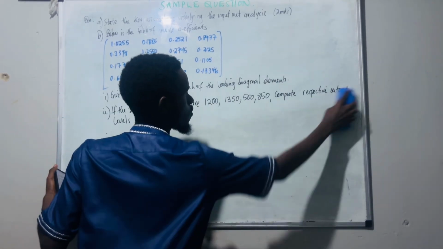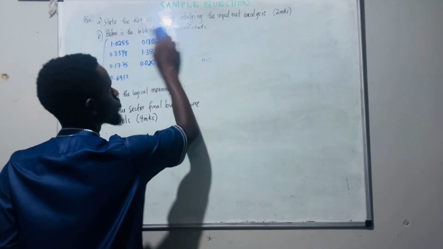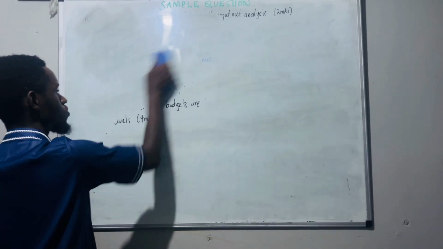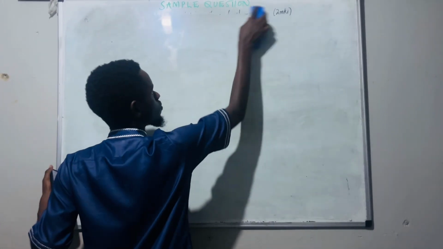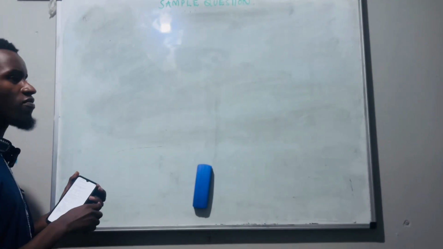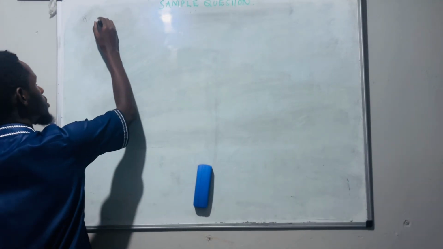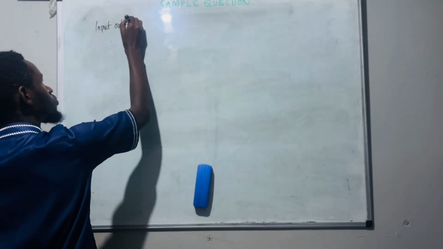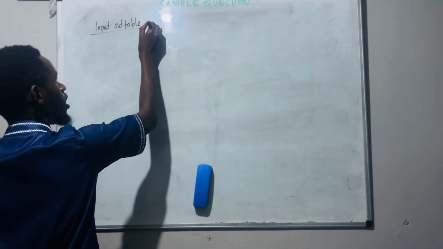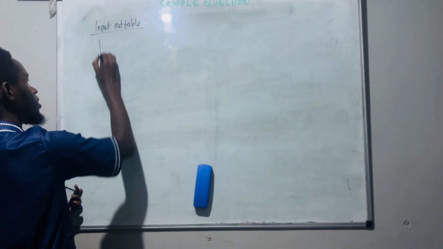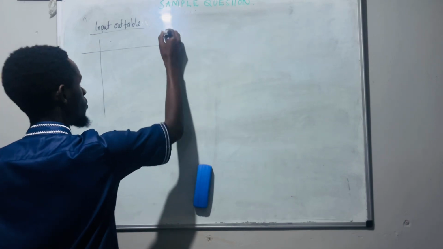Now, for us to go back into our question, we shall need to make a small review of what the input-output table is. Members, recall we have our input-output table in this format.